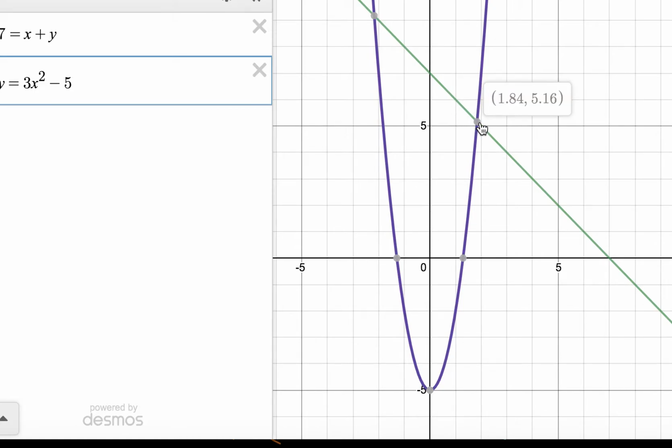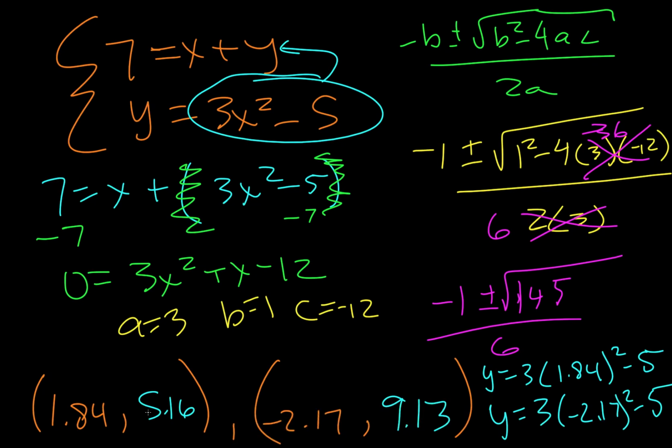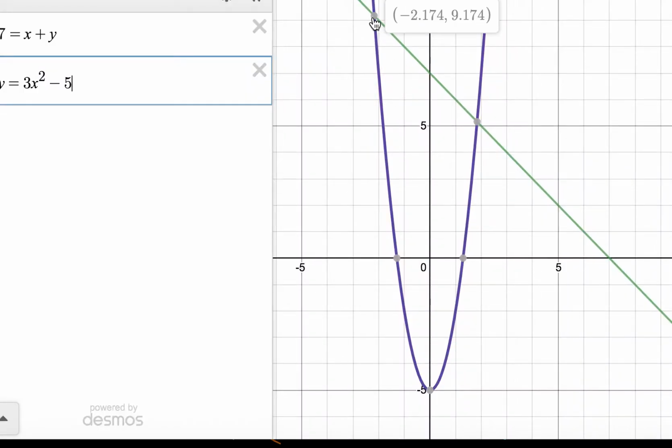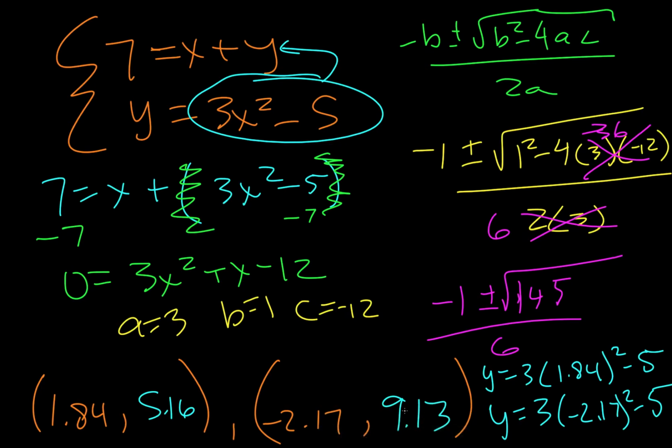And if you see, it's 1.84 and 5.16, which we have here. And then this one up here, -2.174 and 9.174, you can see are the same as what we had here.